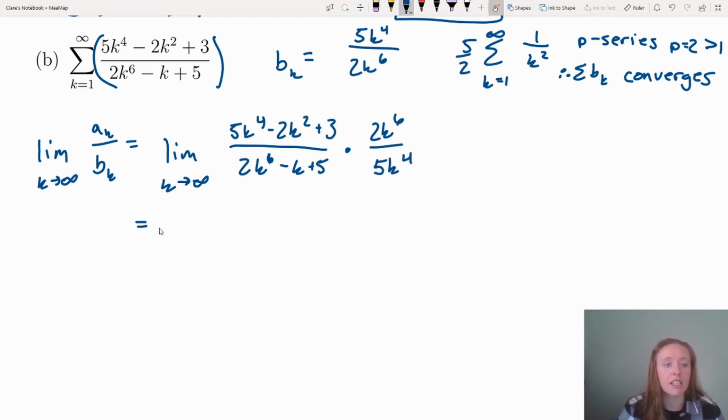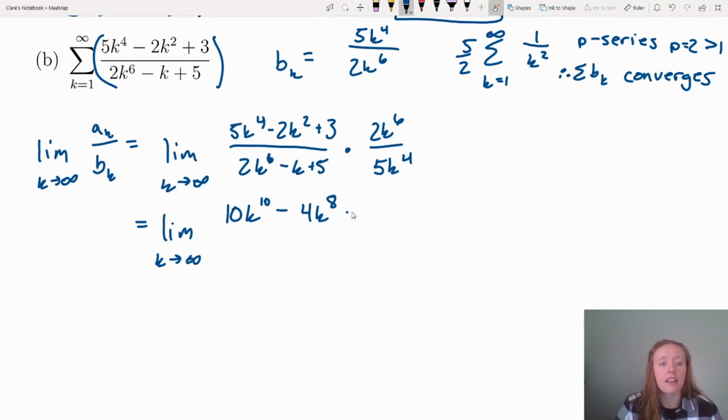So now when I write this limit out, the limit as k approaches infinity of my two fractions multiplied together, I'll need to distribute this 2k to the sixth to all of my terms in the numerator. So 5k to the fourth times 2k to the sixth is going to be 10k to the 10th, because I add those exponents. And then 2k squared times 2k to the sixth is going to be 4k to the 8th, and then I'll add that to 6k to the sixth. 3 times 2 is 6, and then I'm multiplying that by k to the sixth.